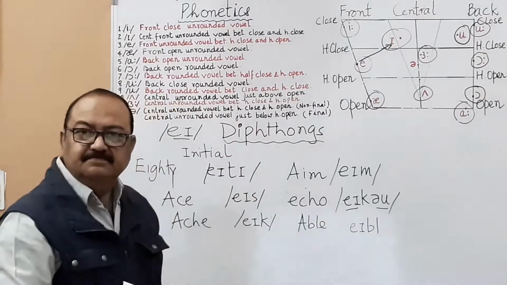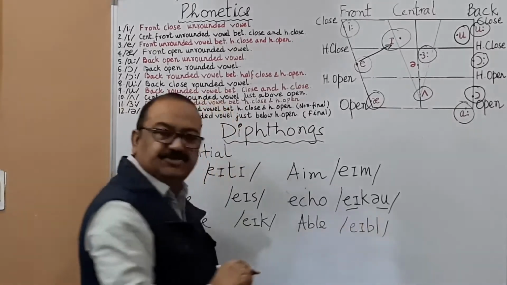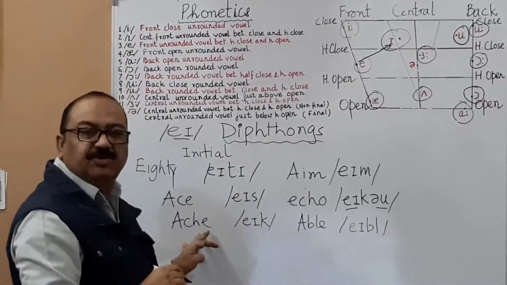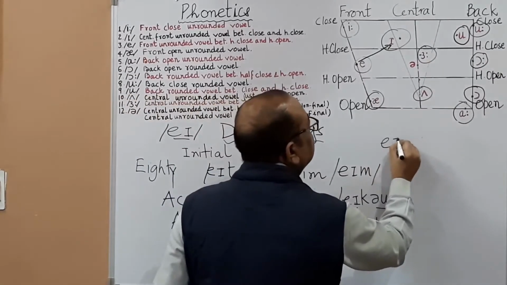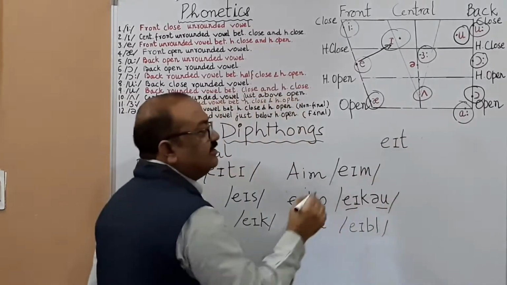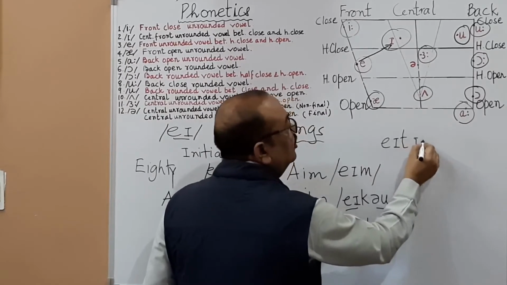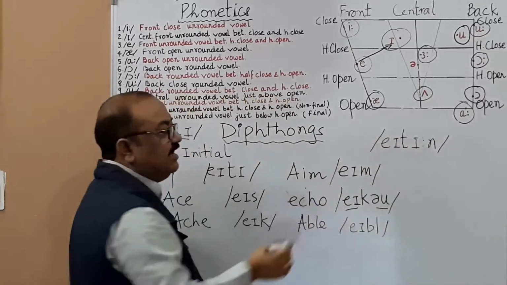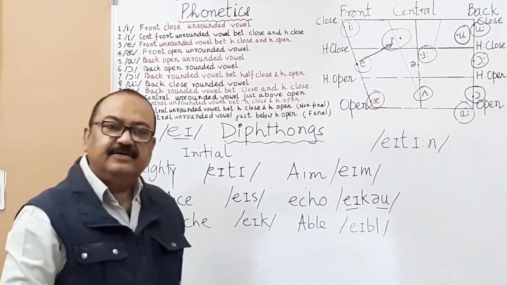Is it okay? Or say eighteen. How will you write eighteen? A, eight, this is eight, then eighteen. Now this is long E, eighteen, this is our teen, eighteen. It's fine?